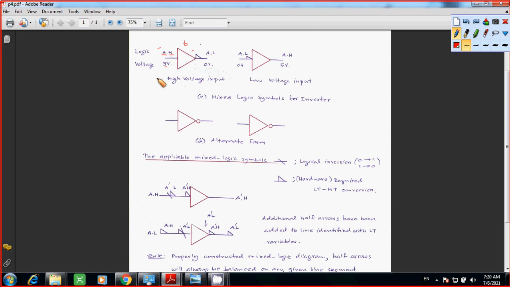And for high to low, you put the half arrow at the output, but for low to high, you put the half arrow at the input. This is the symbol, and that's the agreement. This is the mixed logic symbol for the inverter, and this is the alternate form of the inverter.